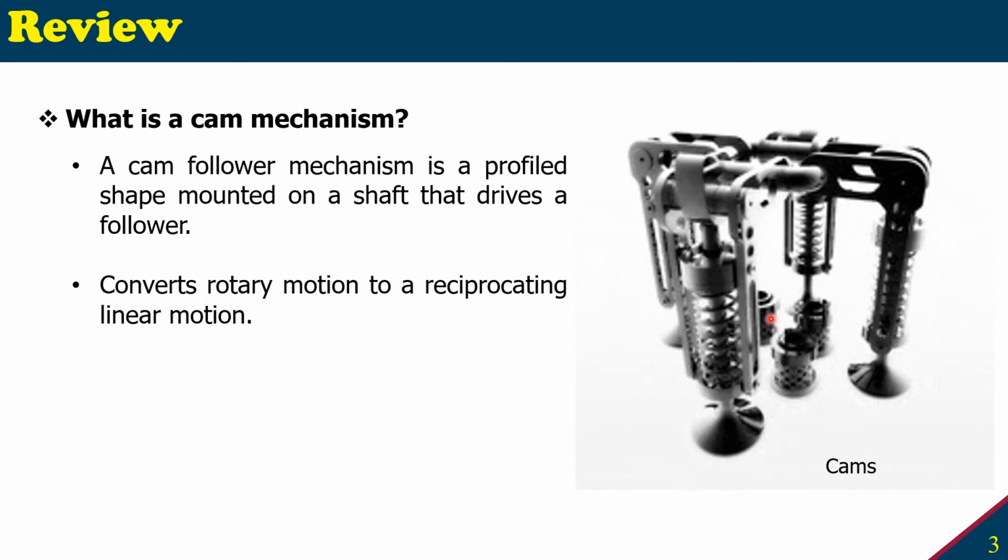On the image on your right, you can see a cam here, and it has a profile, and it is driving the follower, which is this piston rod. So it's a profile shape mounted on a shaft. It is mounted on this shaft and drives the follower. It converts a rotary motion to a reciprocating linear motion.